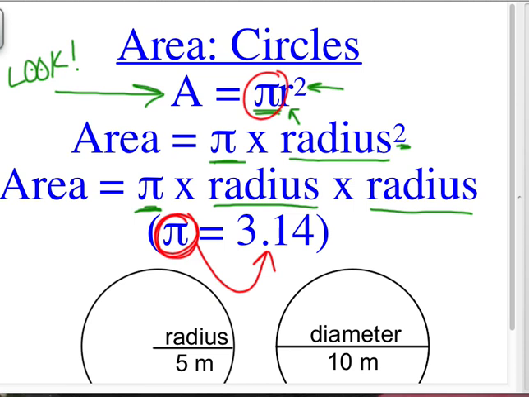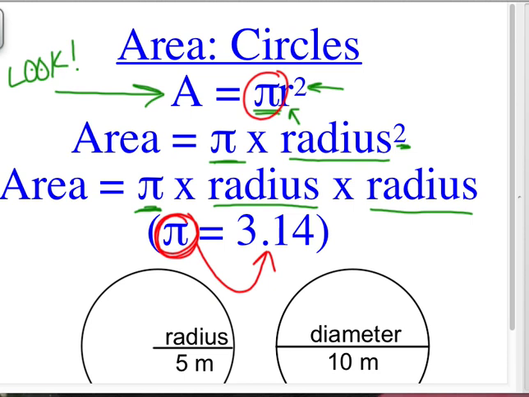Now, maybe you don't have a calculator that has a pi button. Okay, well then you're going to have to use 3.14 to substitute in for pi, but I'm going to do my examples, and I'm going to read answers to homework as if you're actually using the pi button, which could make your answers slightly different than they would be if you substituted in 3.14.